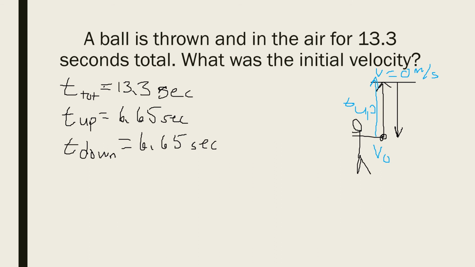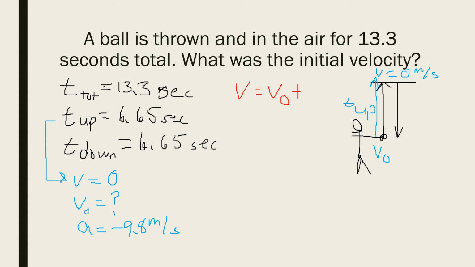Okay, so you're saying if I use T up, I know that the velocity is 0. I'm looking for the V naught. And, oh, right, always no gravity. Always no gravity. So you can just use this equation, and you can solve for V naught.